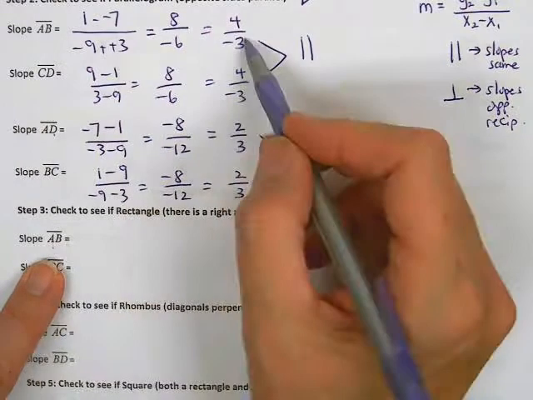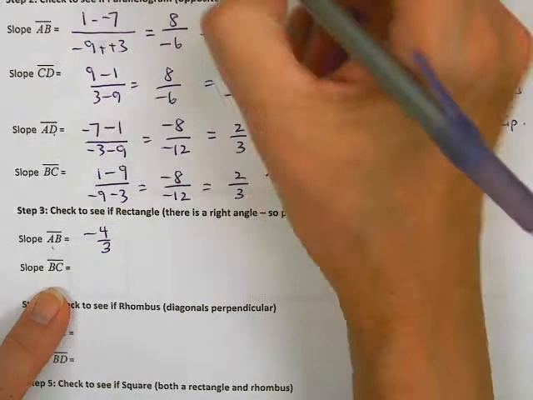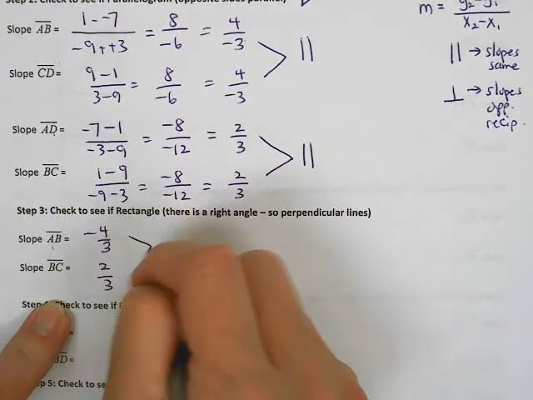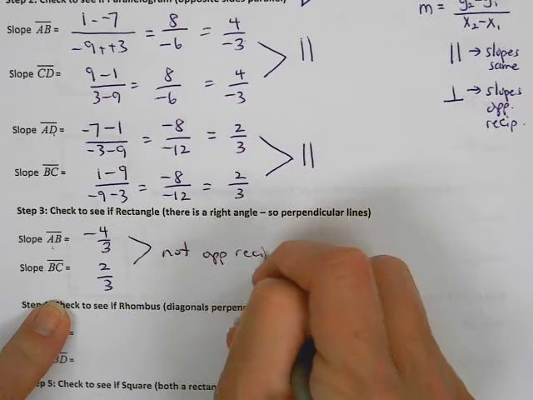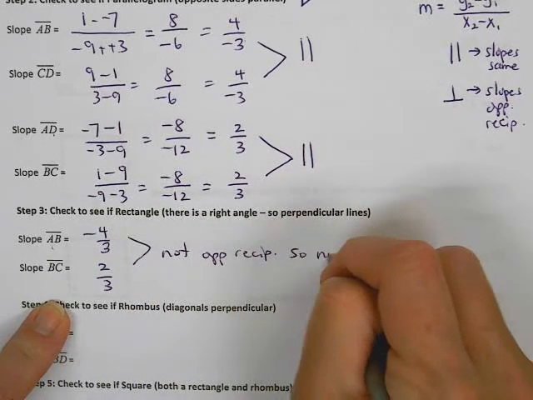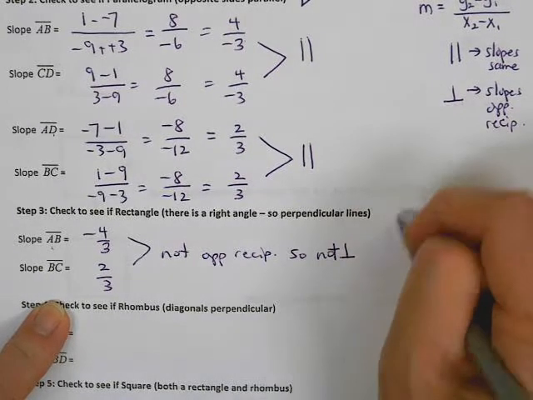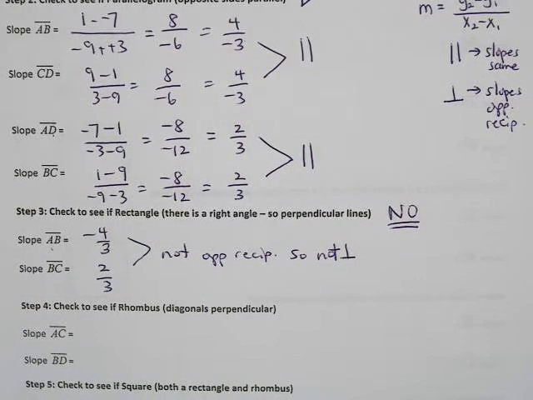That was -4/3. Right? And then I can look at the slope of BC. That was 2/3. Those are not opposite reciprocals, so they're not perpendicular. So this would be no, there are no right angles, so it's not a rectangle.